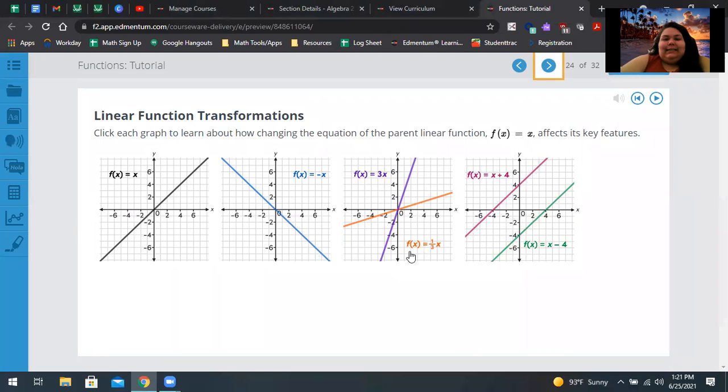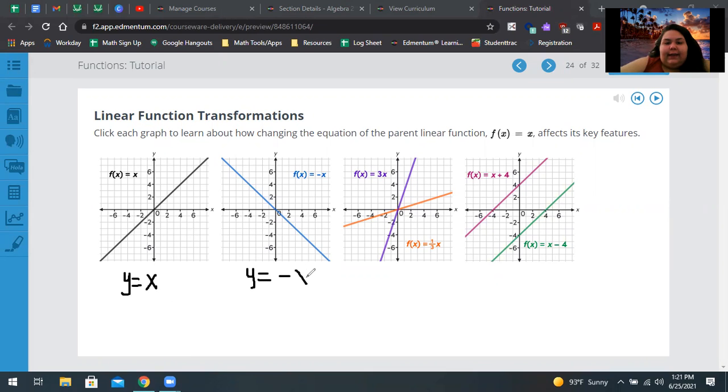So let's take a look at this one right here. For linear transformations, what's the change that we see? So again, y equals x is the original. This second one became y equals negative x. The change from the original to this one is that negative right there. Do you see how, if you think about it, it's like your car is traveling uphill?